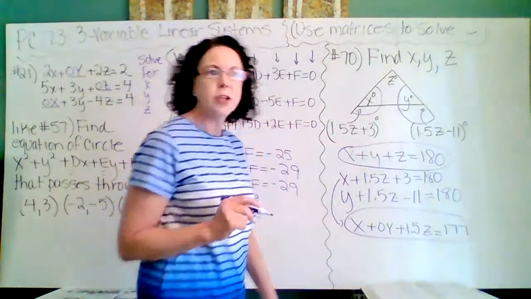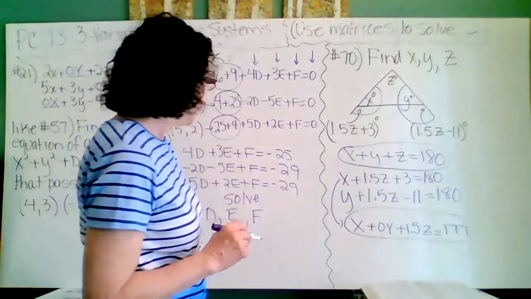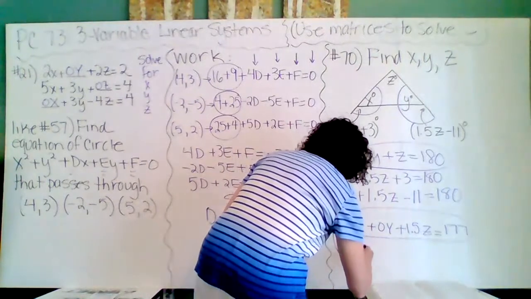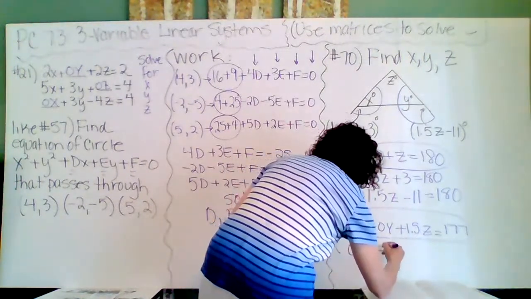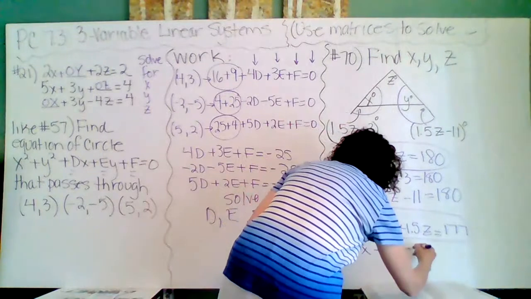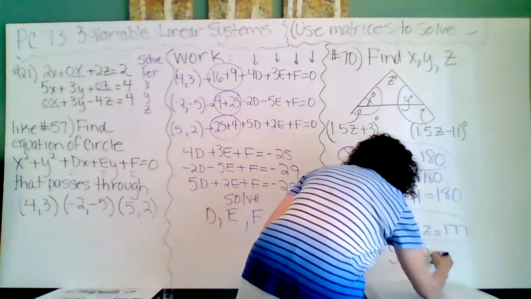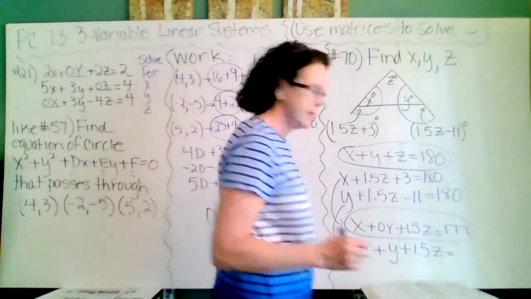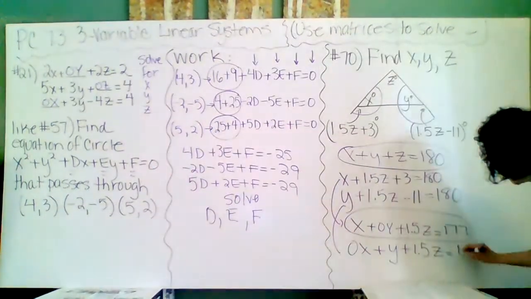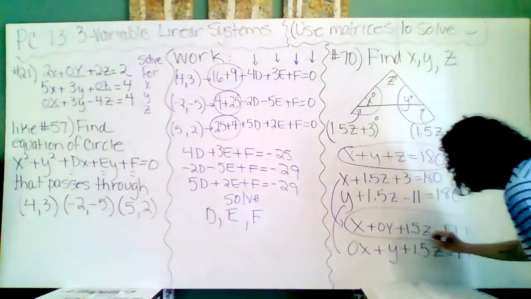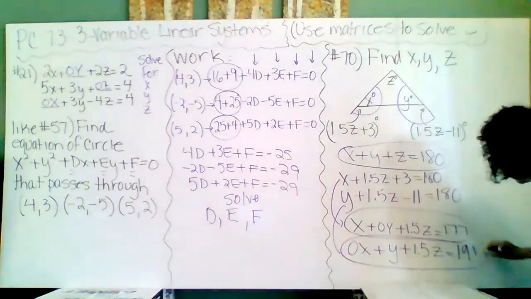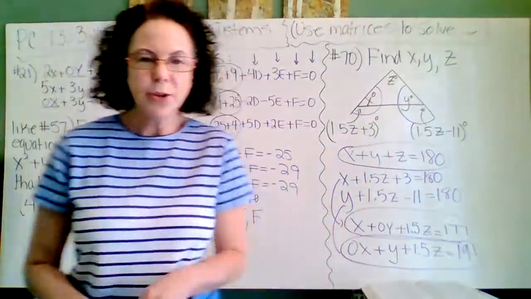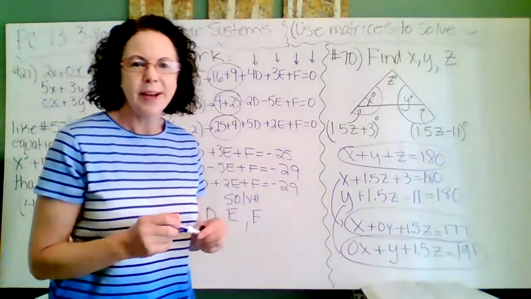The second equation is now matrix ready. The last equation, I have 0 x's plus 1y plus 1.5z, and I am going to add an 11 to both sides and have a 191. So next what you'll do, take the 3 circled equations, 3x4 matrix, RREF, and solve for X, Y, and Z.